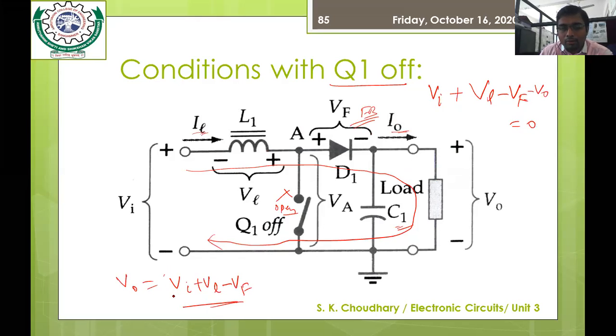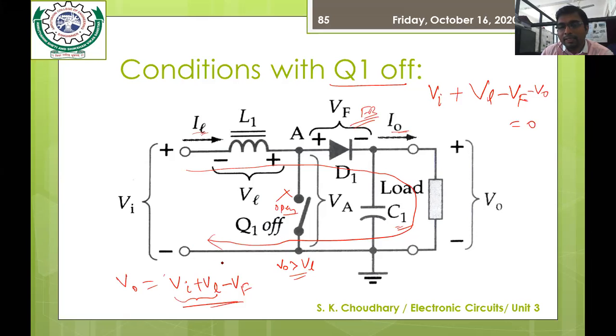You can see the terms VI plus VL, and VF is very small compared to VL and VI. So it is a rise in voltage, which means it is step boosting the voltage. V0 is greater than VI.